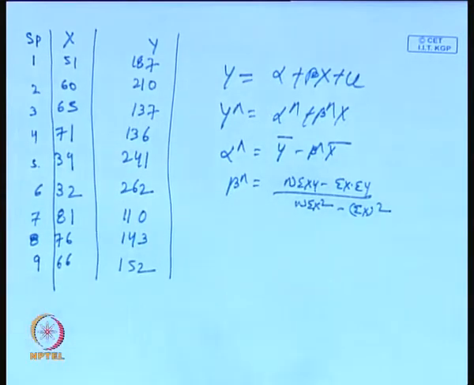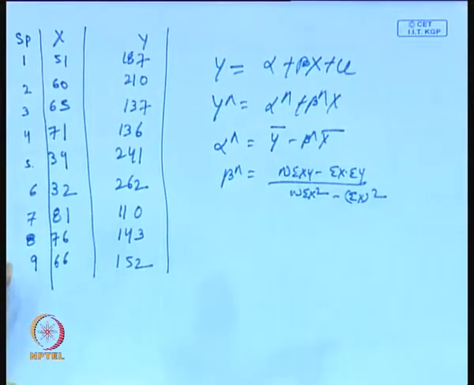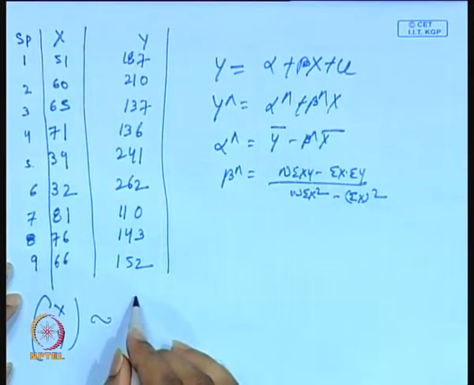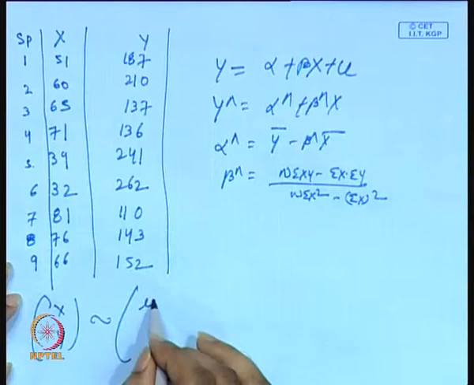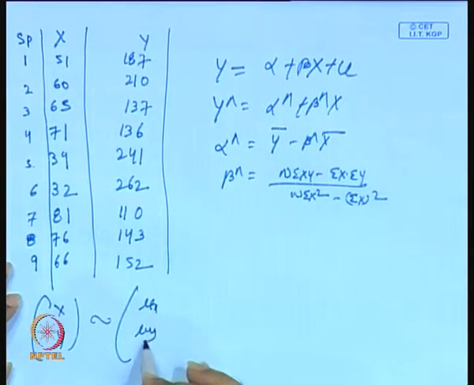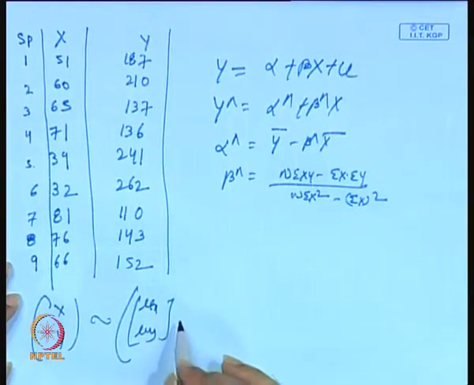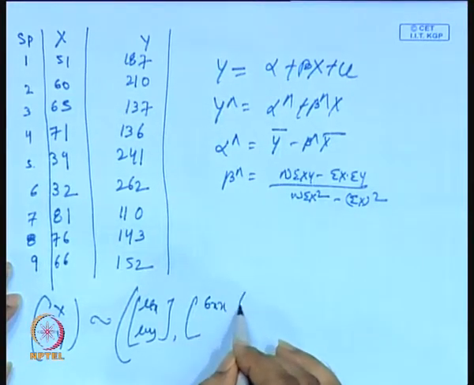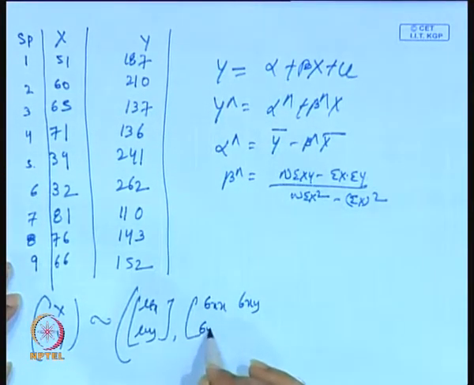All right. Now you see here we have an x and y series. So, what is the essential point here? For x and y, we first need mu x, mu y, and another is sigma x x, sigma x y, sigma y x and sigma y y.